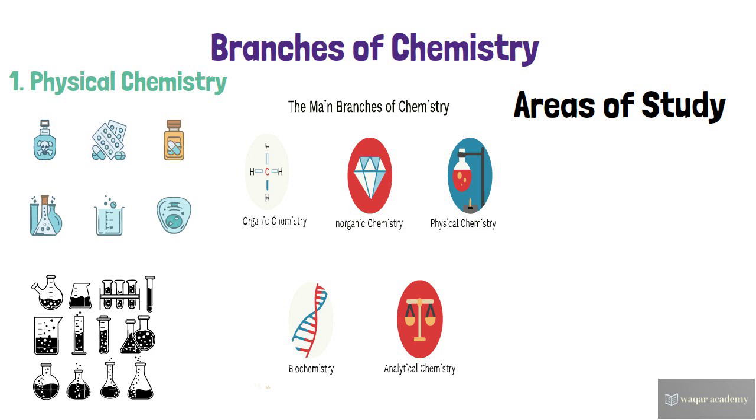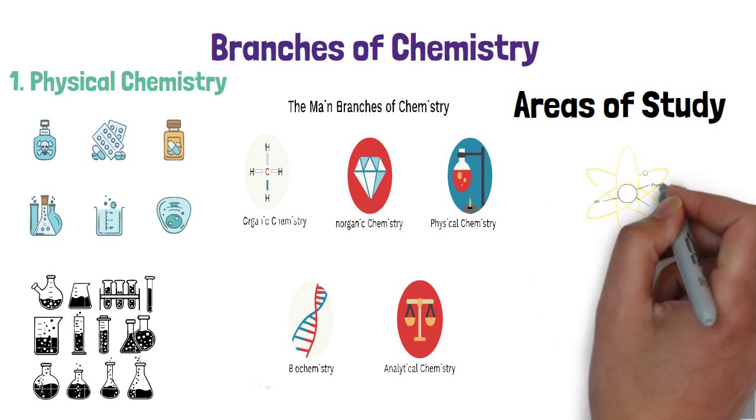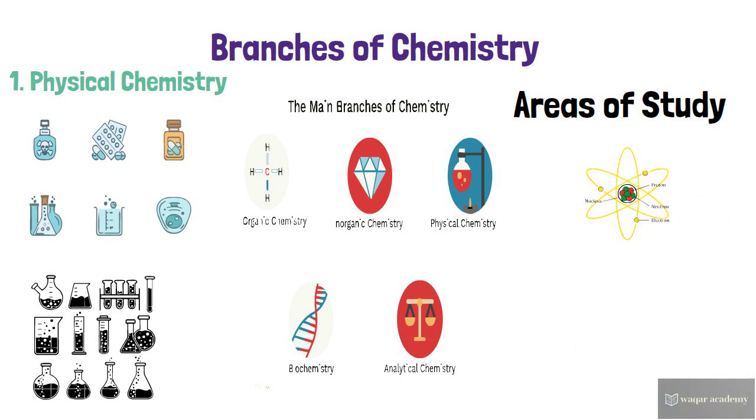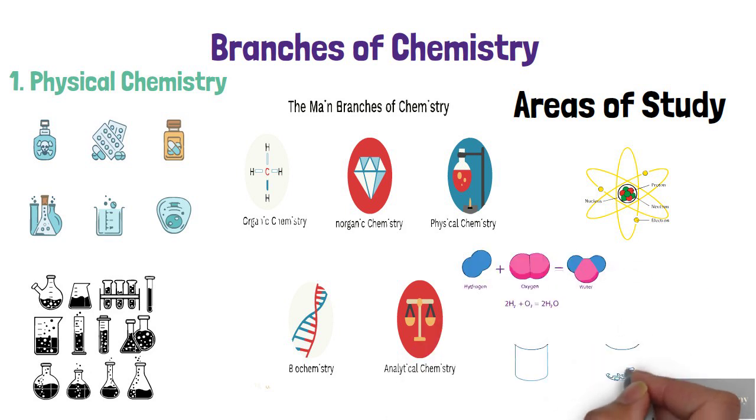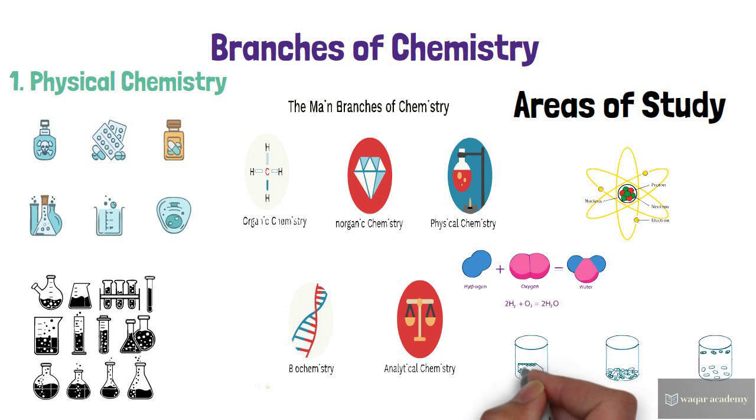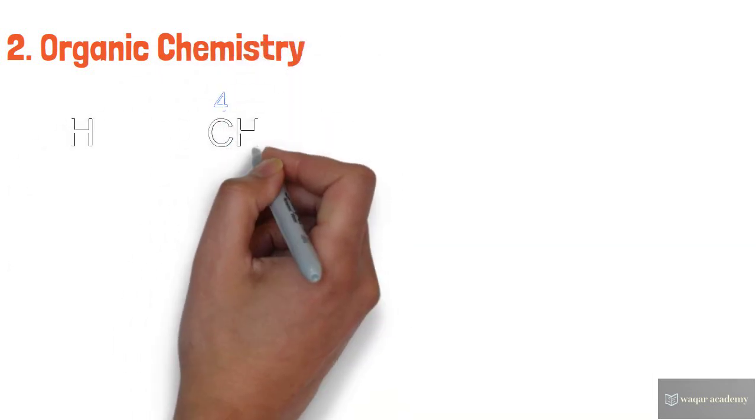Areas of study. Physical chemistry explores topics such as the structure of atoms, the formation of molecules, the behavior of gases, liquids, and solids, and the effects of temperature and radiation on matter. 2. Organic chemistry. Definition.